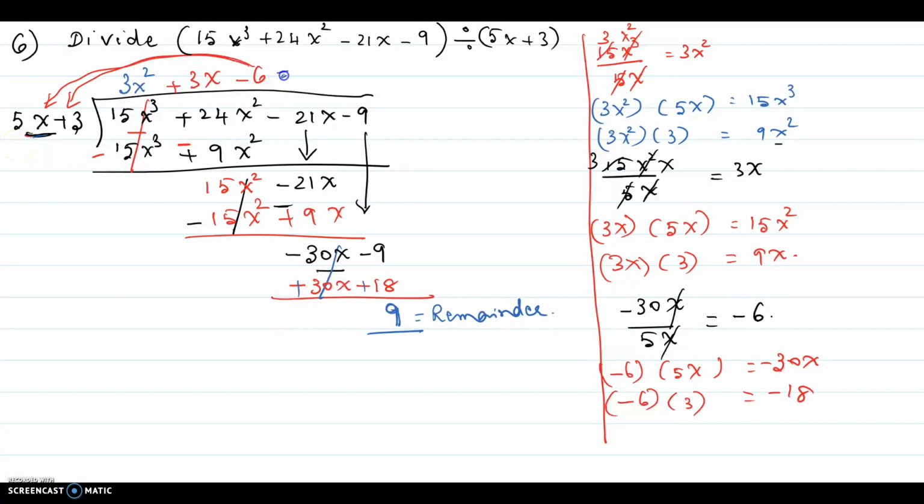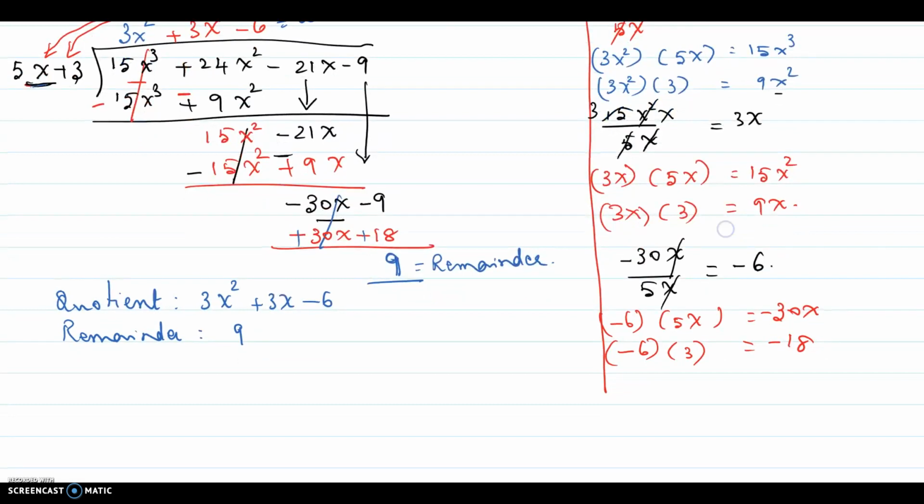The quotient is this one on top. So the quotient is 3x squared plus 3x minus 6, and the remainder is 9.